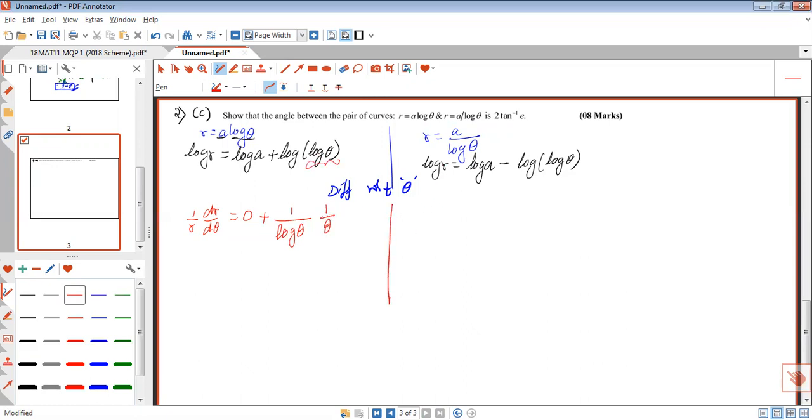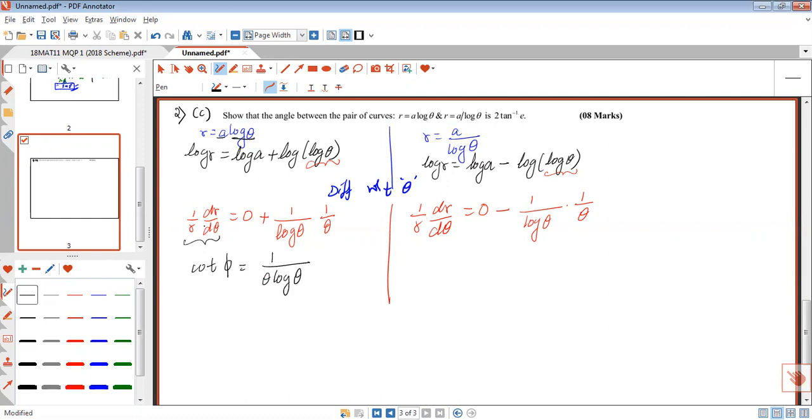Similarly, for the second curve, 1 by r dr by d theta is the differentiation of log r, which is equal to differentiation of log a, which is 0, minus 1 by log theta into differentiation of log theta, which is 1 by theta. So we know that 1 by r dr by d theta is cot phi, which is 1 divided by theta log theta.